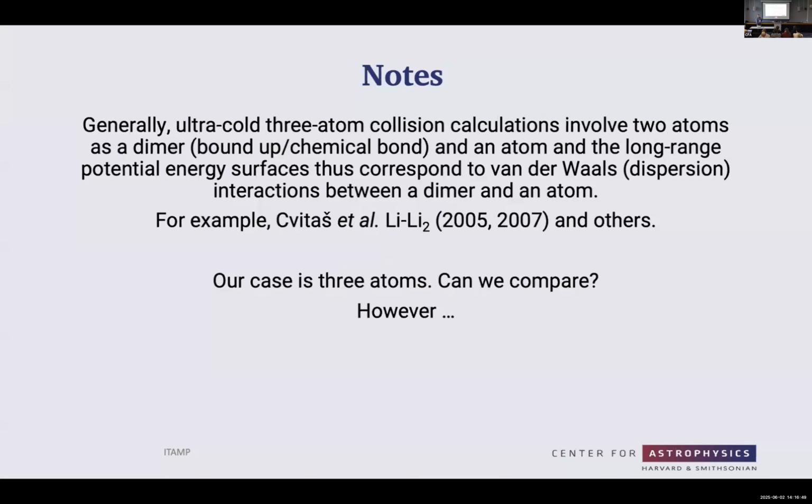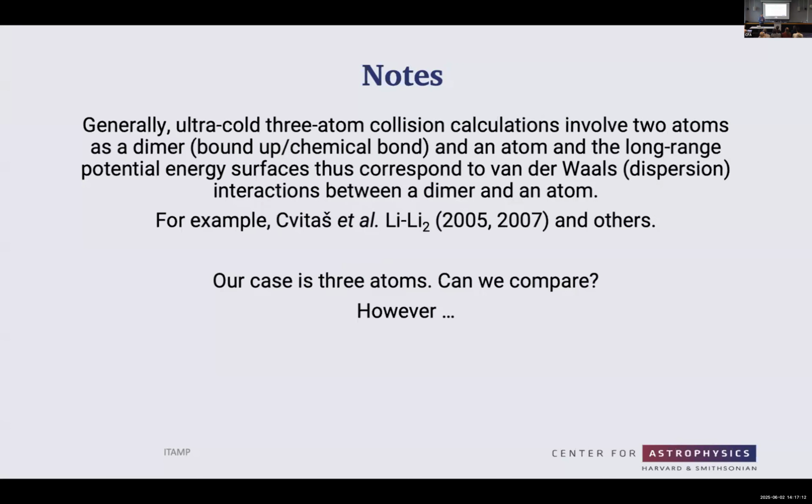For example. So as you know, generally ultracold 3-atom collision calculations will involve 2 atoms as a dimer that's bound up chemically in a molecule. Like thinking of Jeremy Hutson's group, and so on. These calculations in 2005, for example.